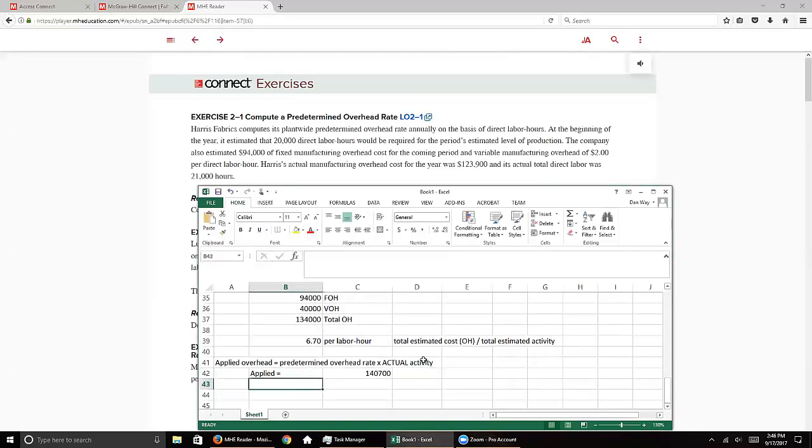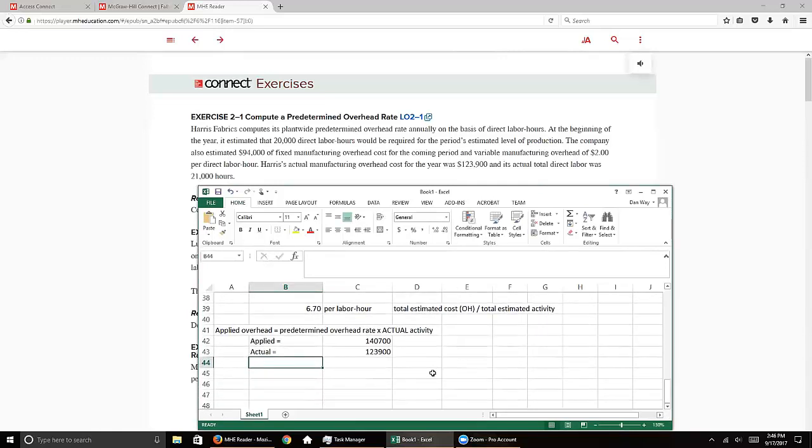So to continue that on just another second here, we were also told that our actual overhead for the year was $123,900. So now I can come up with a number for under or over applied overhead, right?